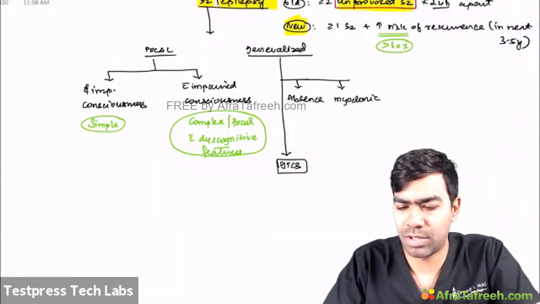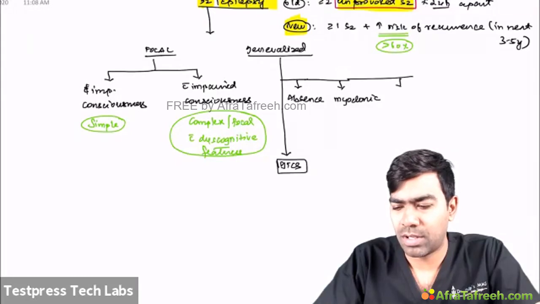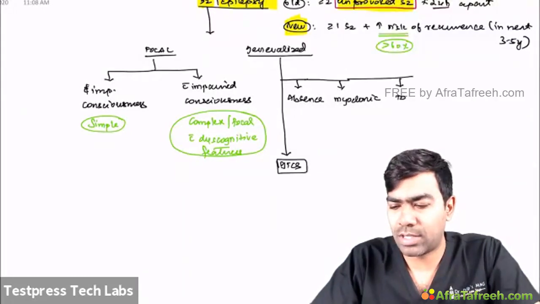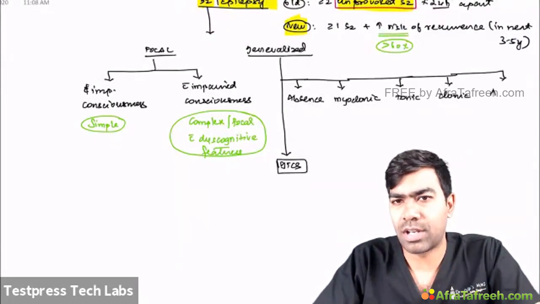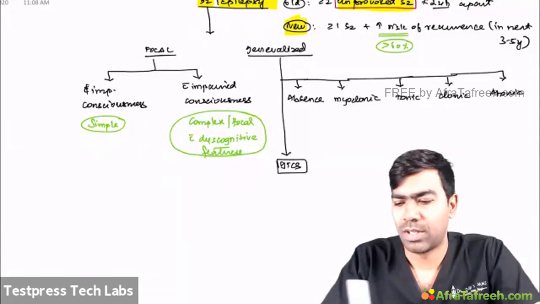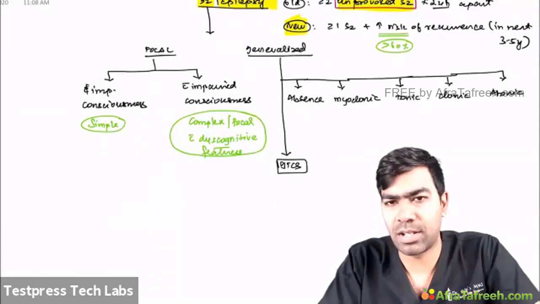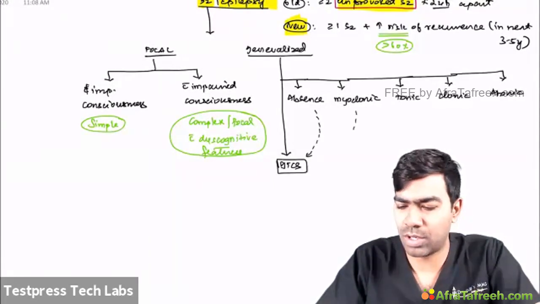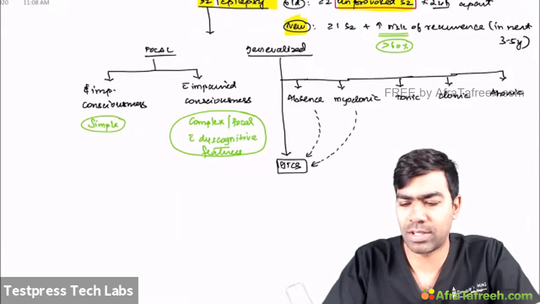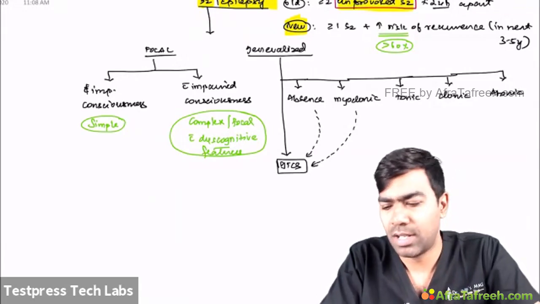Then we have seizures like tonic seizures, pure tonic, and pure clonic seizures. And finally, we have atonic seizures as well. So many different types of generalized seizures are there, but nevertheless, many of the seizure types like absence seizures, juvenile myoclonic epilepsy or myoclonic seizures can progress to have a GTCS.